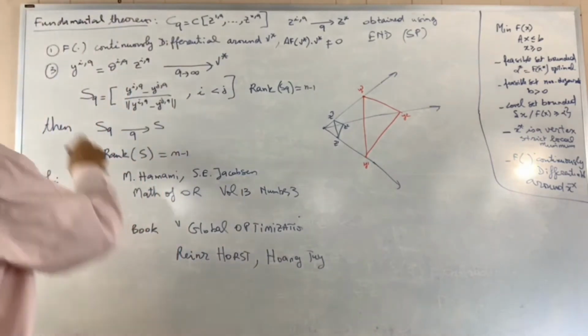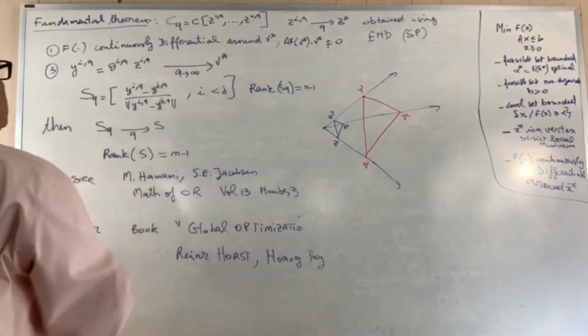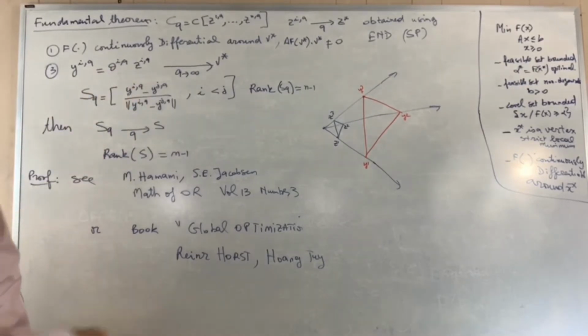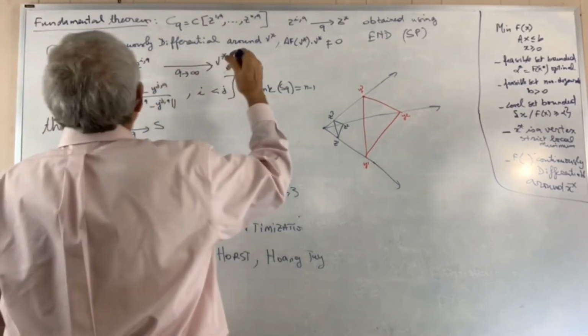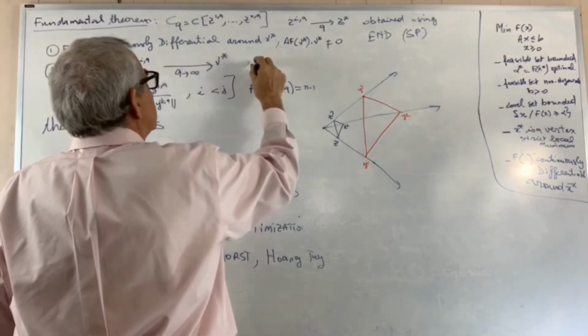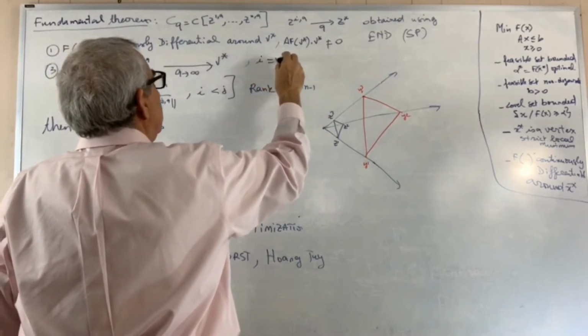Then I have this point that I call y i q, which is equal to theta i q times z i q, and all these points converge to the same point v star, for i equal 1 to n.